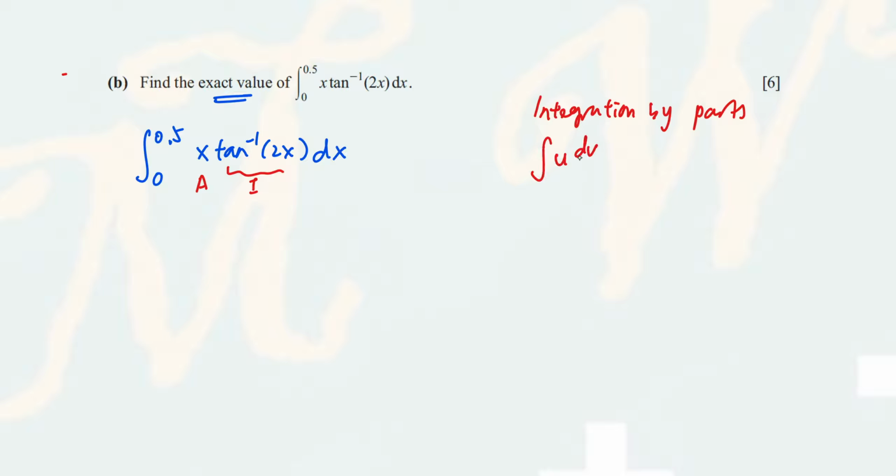The integral of u dv/dx is uv minus the integral of v du/dx. Now, your u is based on this rule.